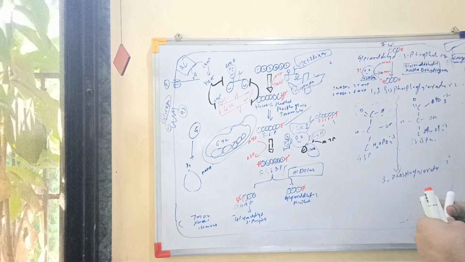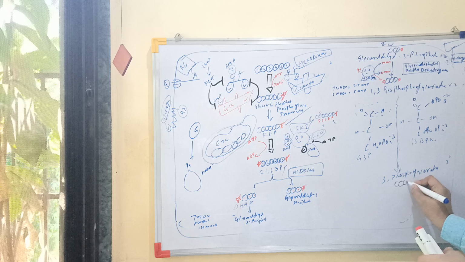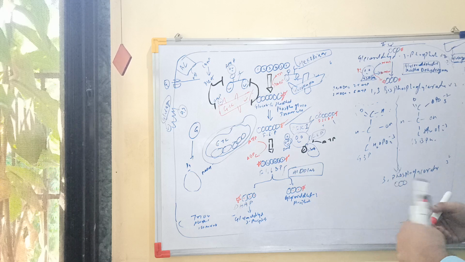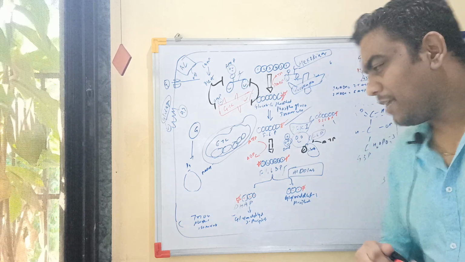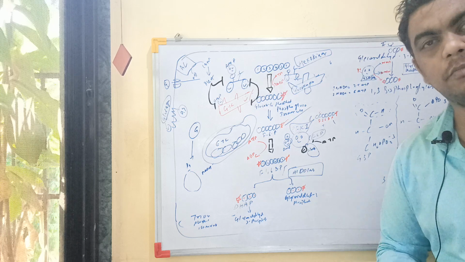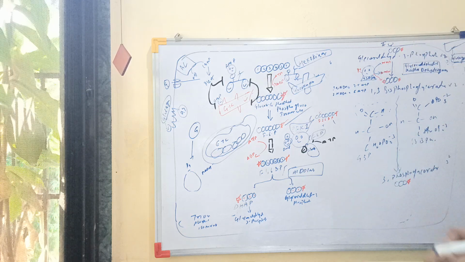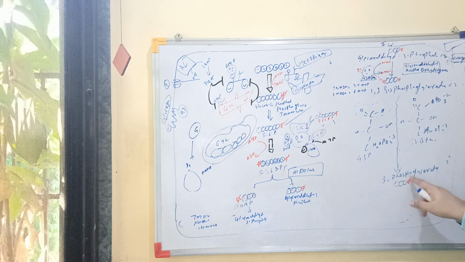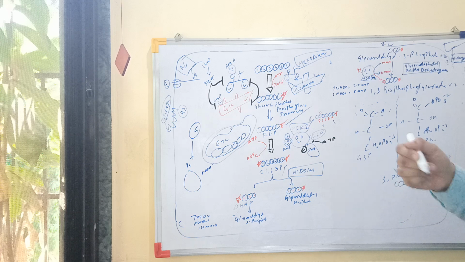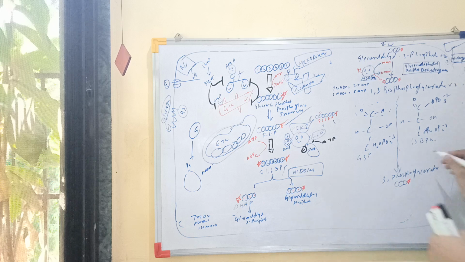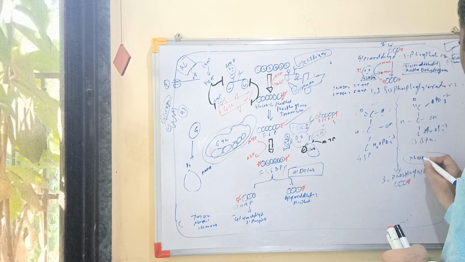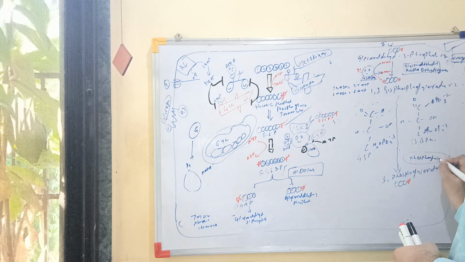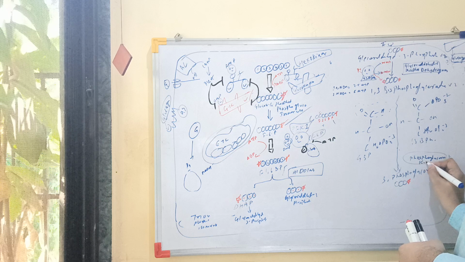so you can see in the picture itself, or in the name itself, what has happened. 3 carbon molecules, and there is just one phosphate at one position. So what do you mean by this? That means we have taken out one phosphate from here. So this molecule is 3-phosphoglycerate, and the enzyme which works here is phosphoglycerate kinase.